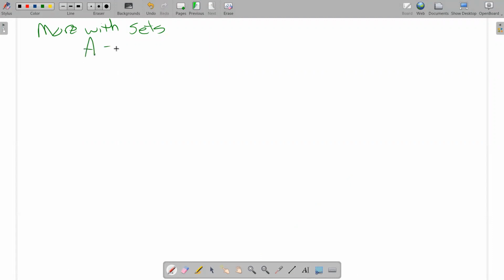So let's take set A, actually the universal set, we use the same one I've been working with. I'm just going to write the elements. That was the whole numbers less than 10. So 0, 1, 2, 3, 4, 5, 6, 7, 8, and 9.